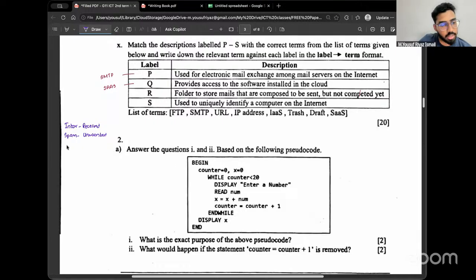Trash stores the deleted emails. Sent stores the messages you have sent to others. And finally, draft holds typed but not sent messages. So you have typed those messages but have not still sent them to the other person. That comes under draft. Exactly, Hannah.